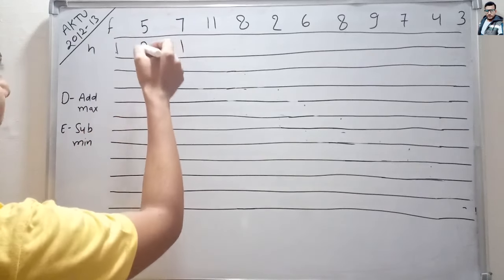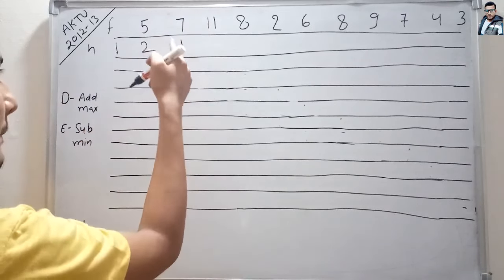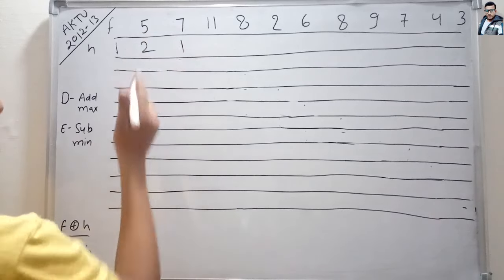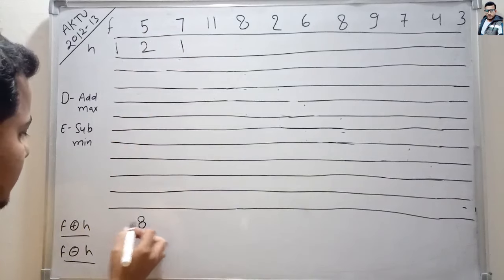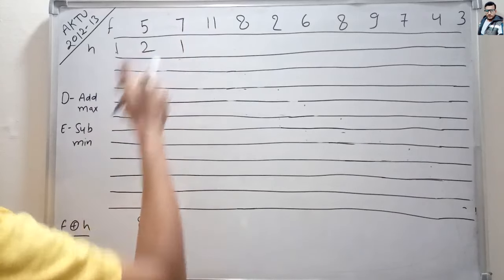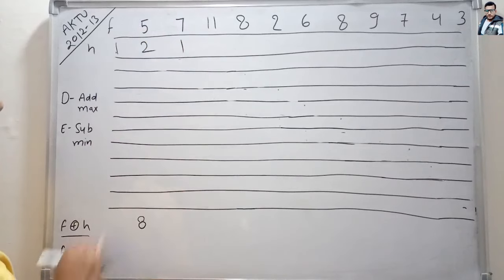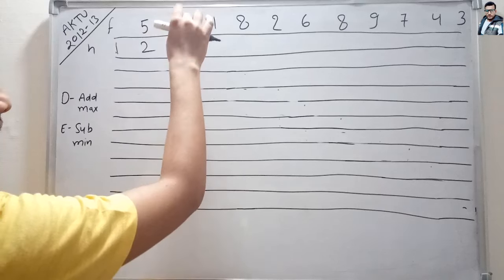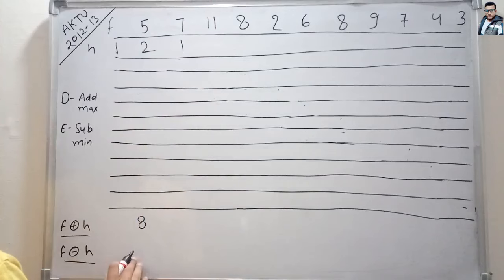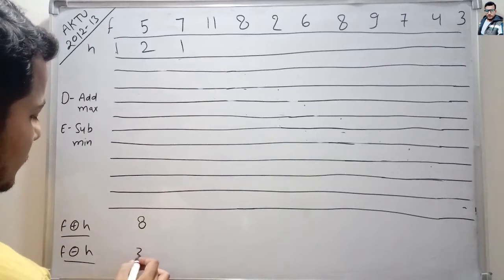Here 5 plus 1 is 6, 5 plus 2 is 7, and 7 plus 1 is 8. The maximum is 8, and we put it at the middle place. For erosion we subtract and take the minimum: 5 minus 2 is 3, 7 minus 1 is 6, so the minimum is 3.